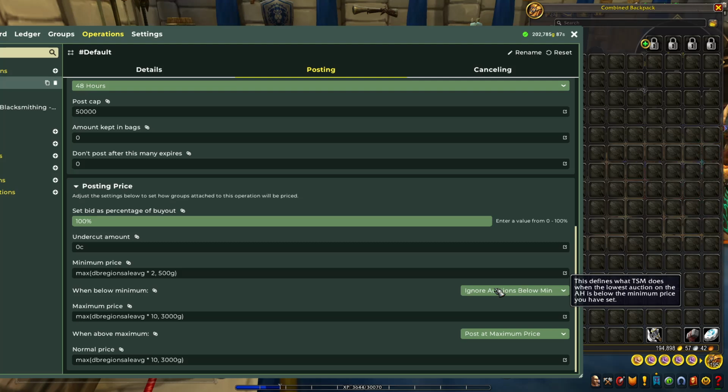The guy selling for 400 gold gets completely ignored by TSM. TSM is not even going to see it, and it's going to say, okay, what's the cheapest? Because 400 gold, I don't see it. The cheapest is the next one, which is 600 gold, and that is fine because it's already above our minimum price threshold. So your item will be posted at 600 gold in that case, which is good, right?